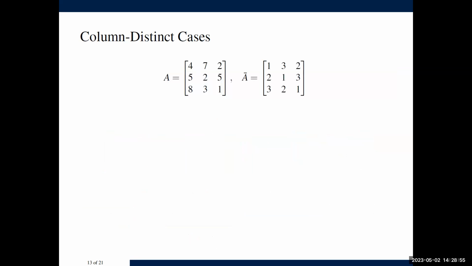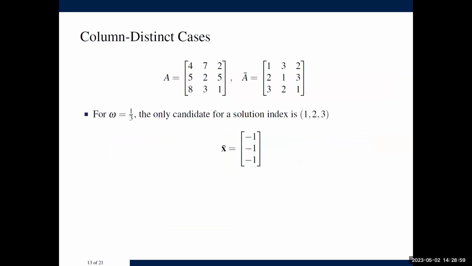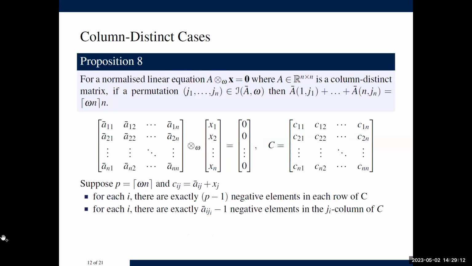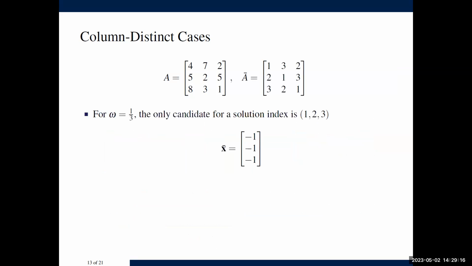Now let's go back to the example. So that is the A bar matrix. Now for omega equal to 1/3, which is a meaningless case. Remember that the total must be equal to omega times n. That's why for omega equal to 1/3, the total must be equal to 3.